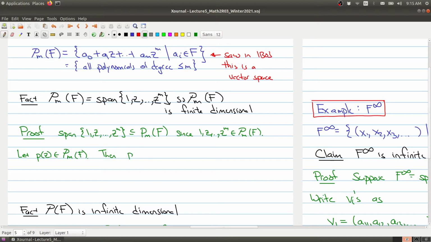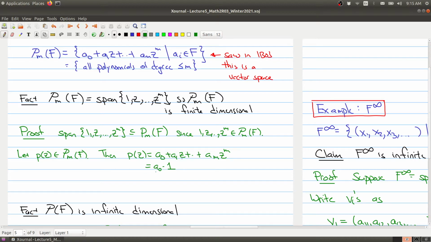Well, then that means that p(z) looks like a0 plus a1 z up to am z^m. And we can rewrite this more concretely, really stressing the elements of our set of polynomials and the coefficients.